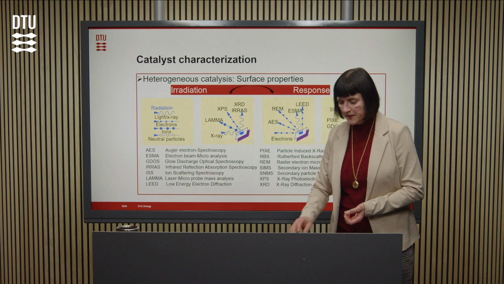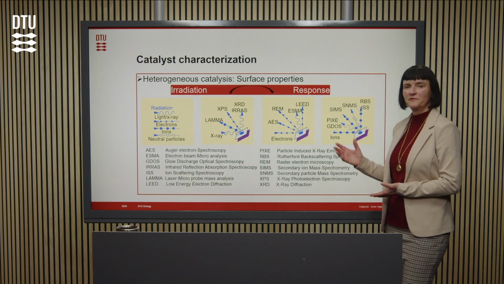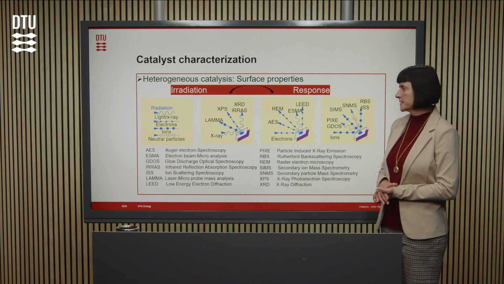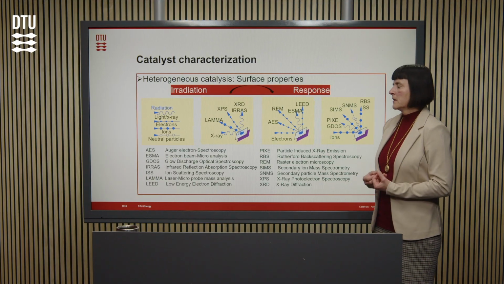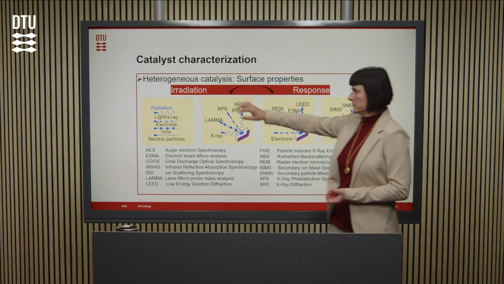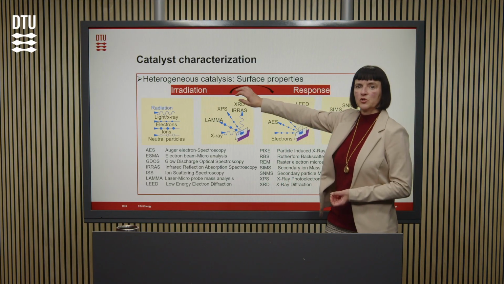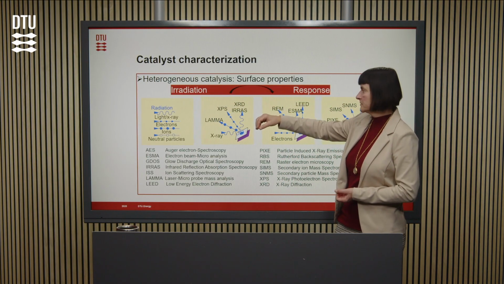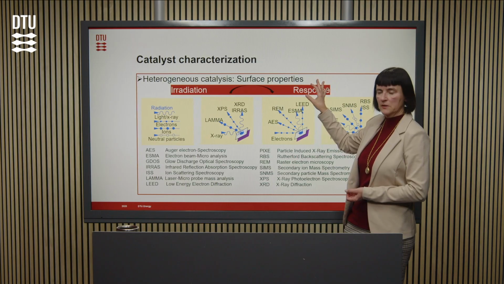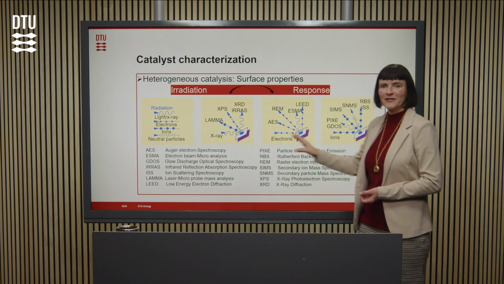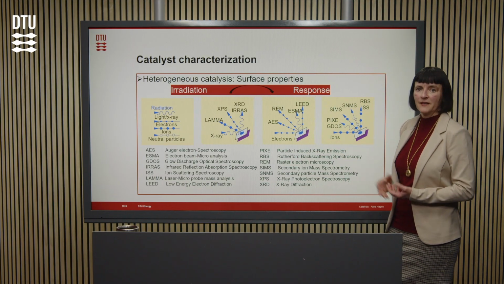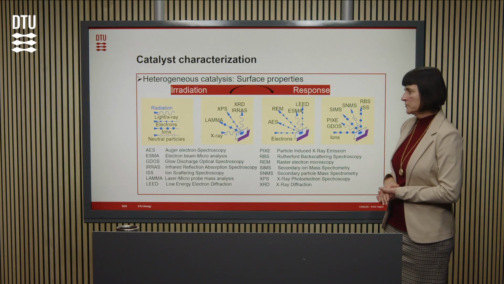Now comes a very complex picture, because this also reflects how complex the characterization is. A typical methodology is that you irradiate your sample with a certain irradiation, and then you measure the response. And this reflects how many versions, and these are not even all of them, you can utilize.